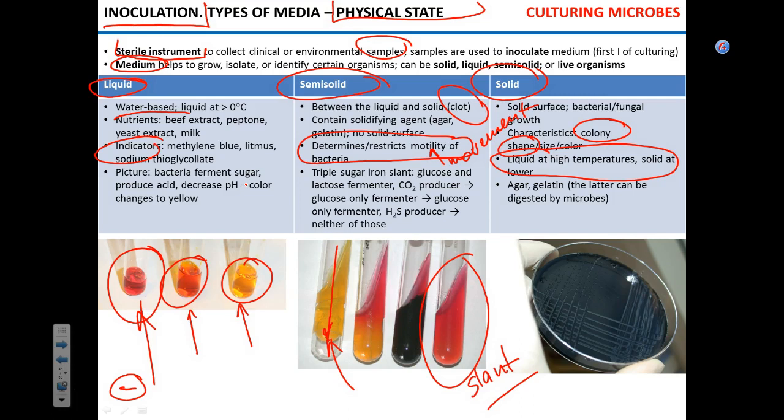So far, are you following me? If the bacteria is non-motile, cannot move, it will grow in the slant exactly where the piercing went through. Exactly where the wire went through.